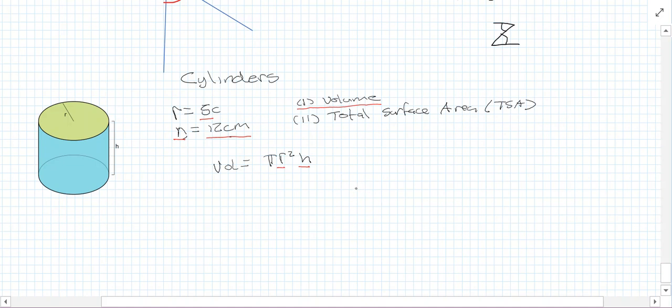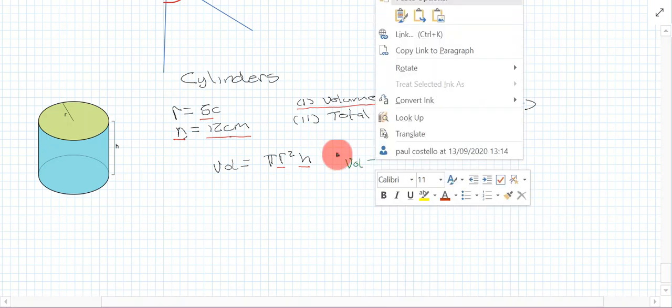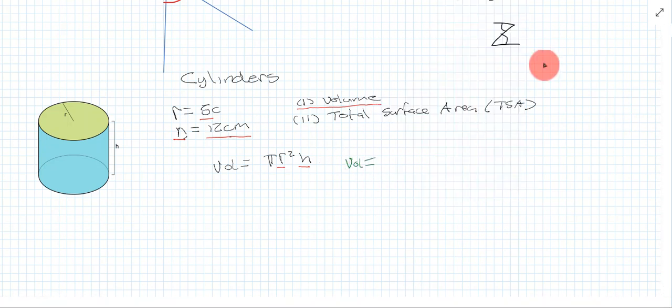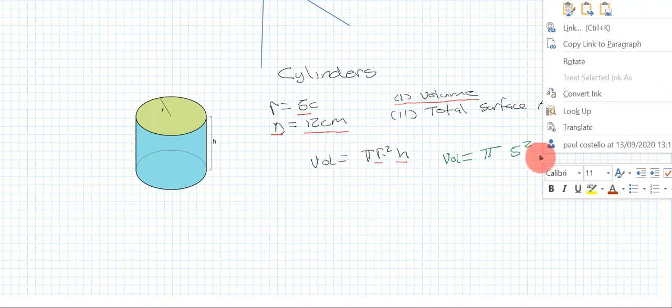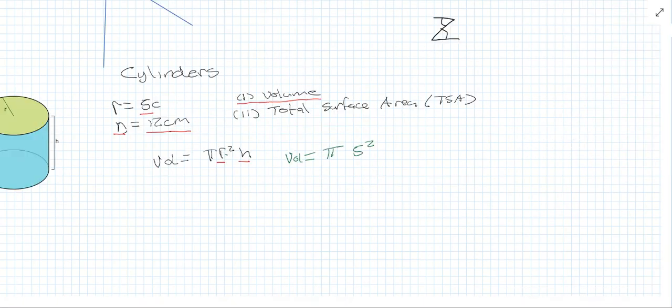So the volume is going to be equal to pi r squared multiplied by the height, which is pi times 5 squared, multiplied by 12.